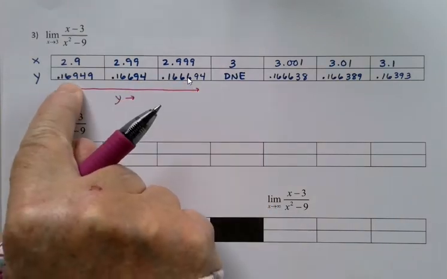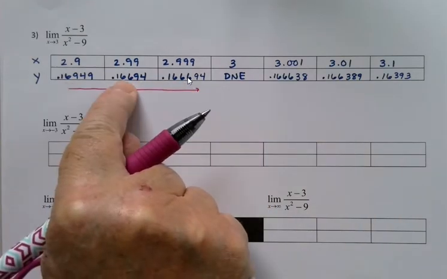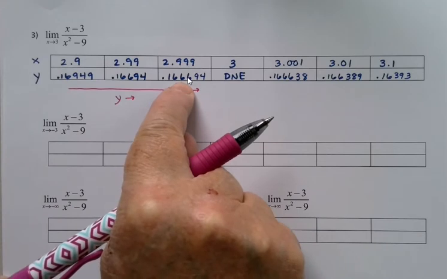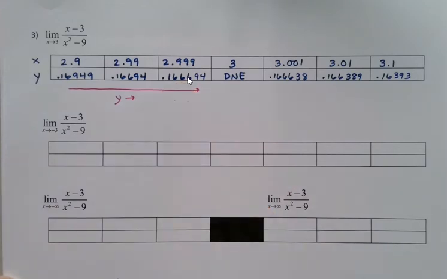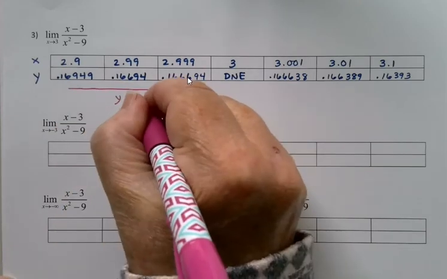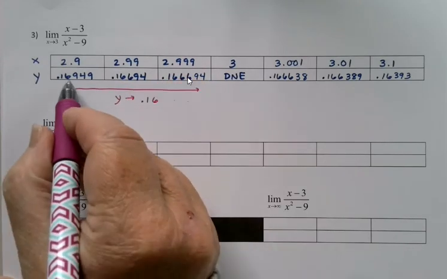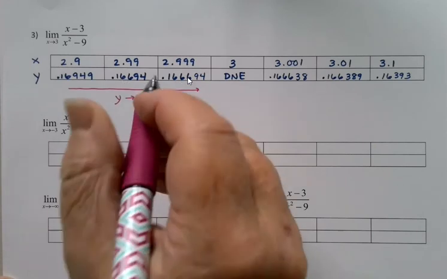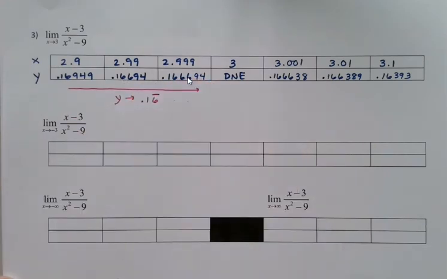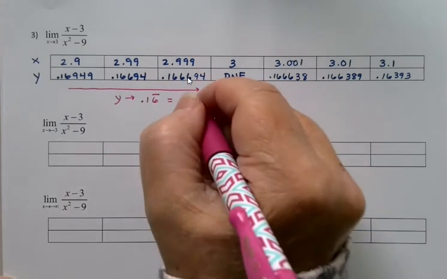We've got 0.16, 0.166, 0.1666. The pattern, again, always look at the pattern you're establishing. The pattern seems to be we're trying to go to 0.16, and there's one extra 6 each time. So I think we're trying to get to 0.16 repeating. Or if you grab your calculator, if you're not sure, and change that into fraction mode, that would be 1/6.